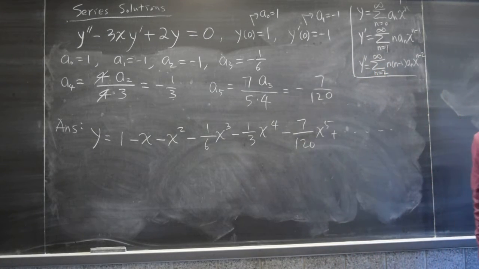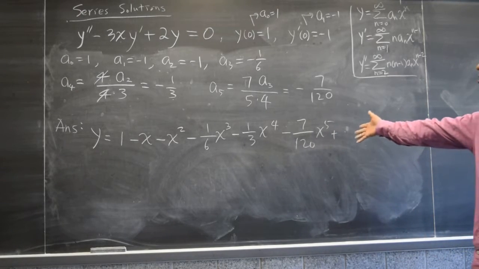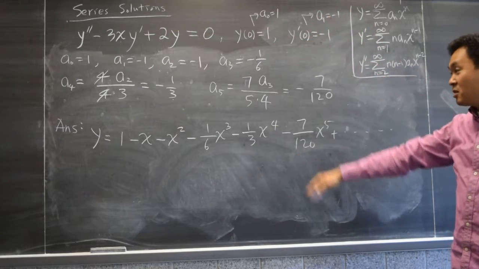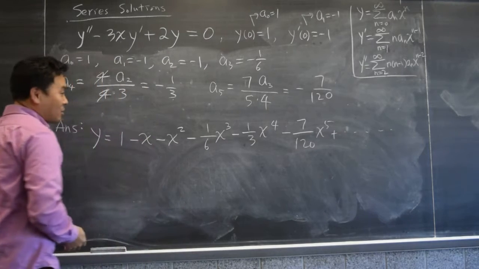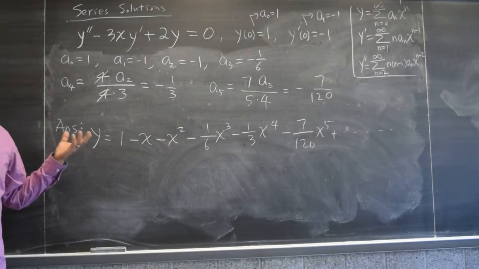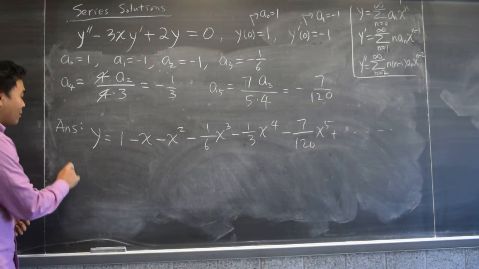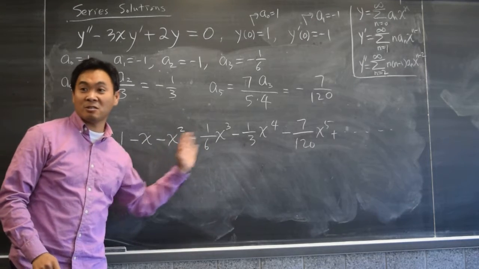This should be something. Who knows? It's some value. And that is the solution to this equation. You can plug in values if you need to. So for example, after solving this, if the question was, what is y of 0.1? What would you do? You plug in 0.1 here and get the answer.